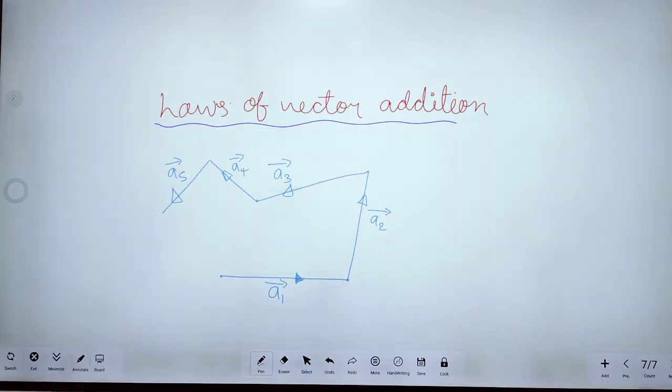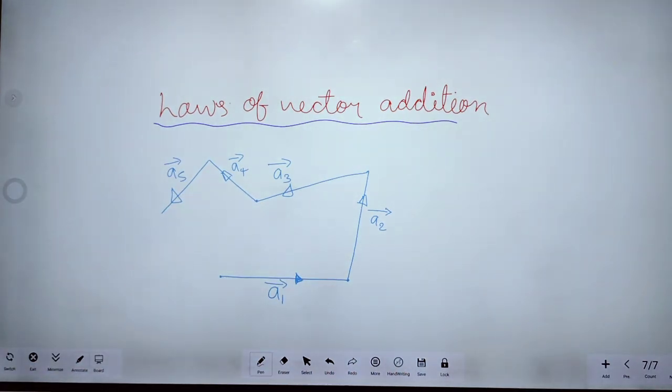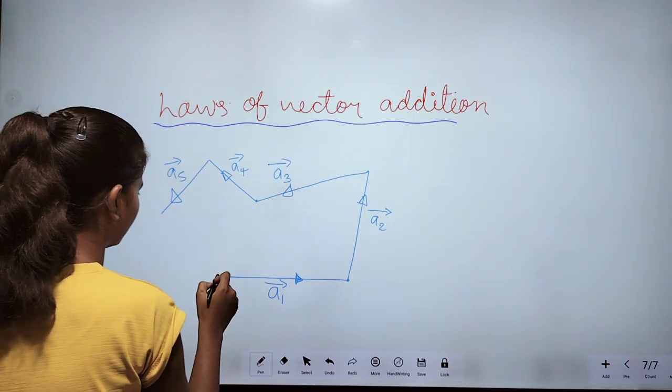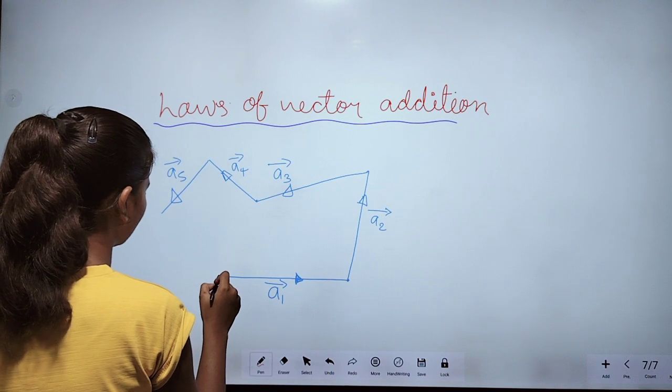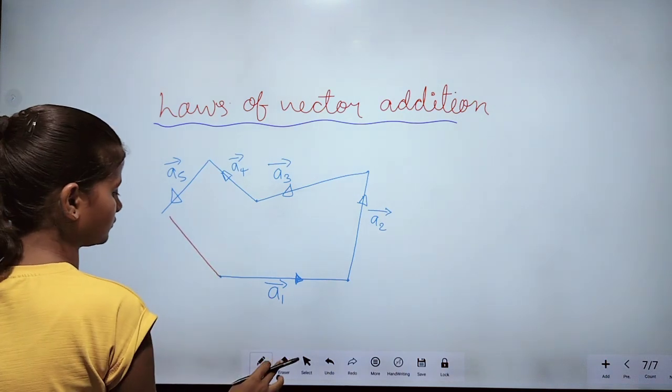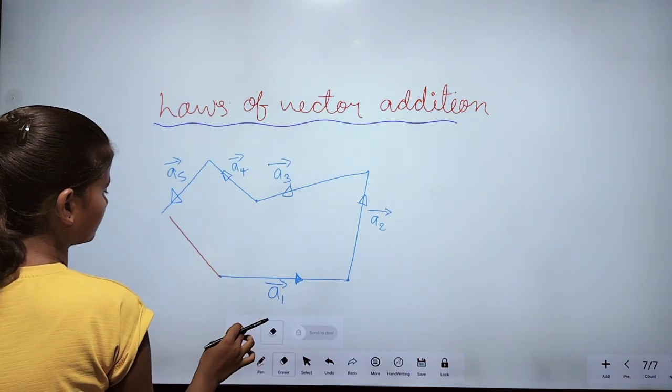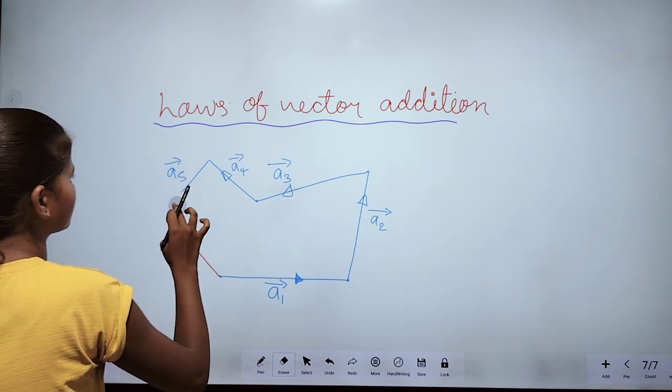And the line joining the tail of the first vector to the head of the last vector. Okay.